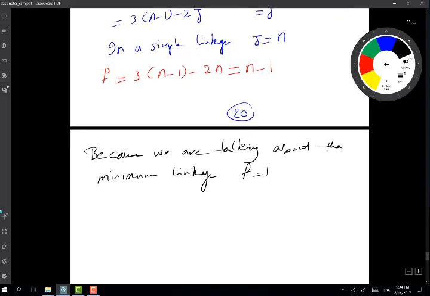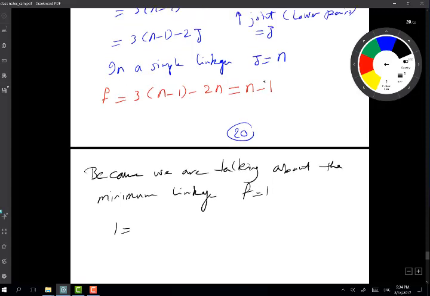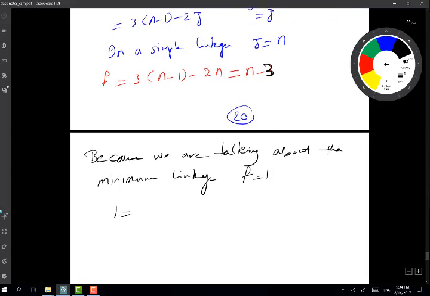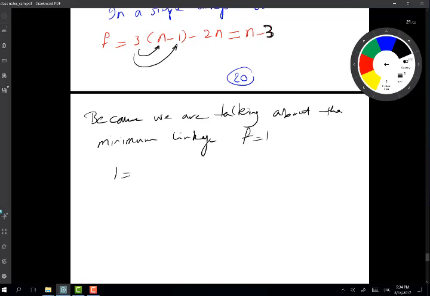So my equation now is 1 = n - 3, which gives me n equal to 4. I just forgot the minus 3, because 3 times n minus 1 is 3n minus 3.